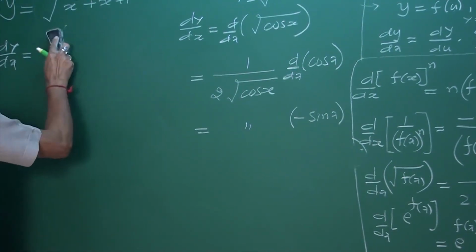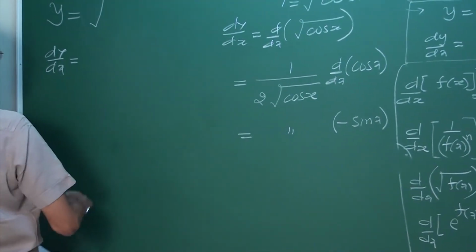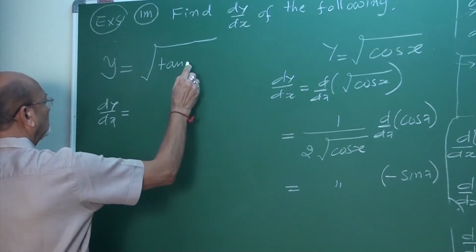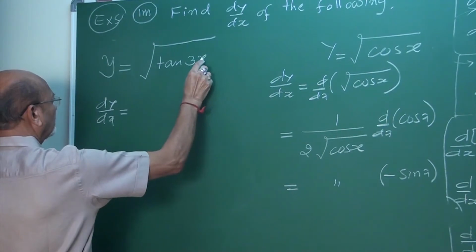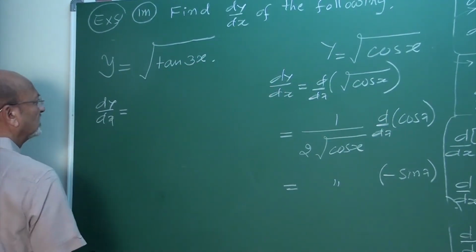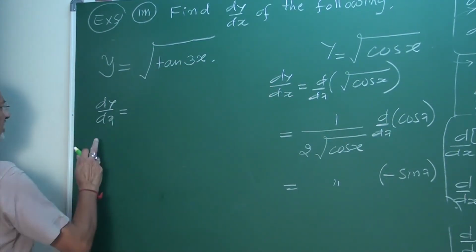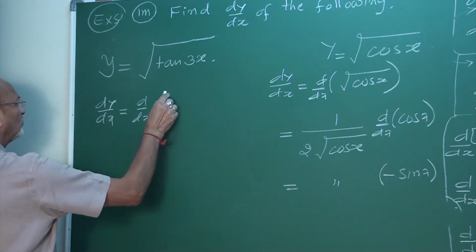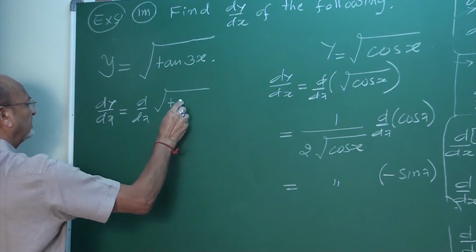Yes, next is derivative of root tan 3x, my friend. Dy by dx of root tan 3x.